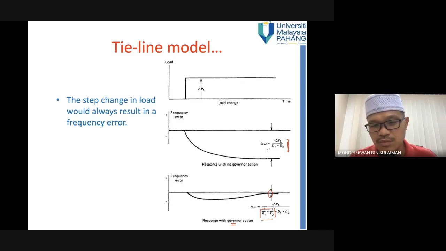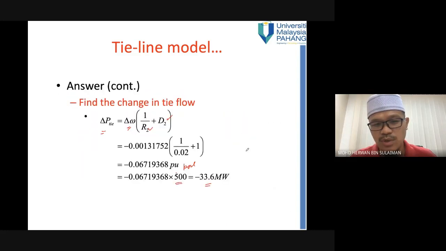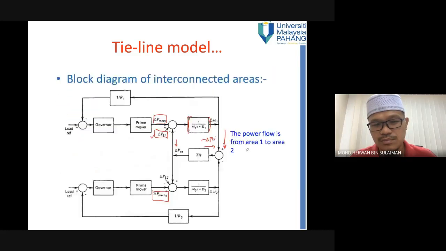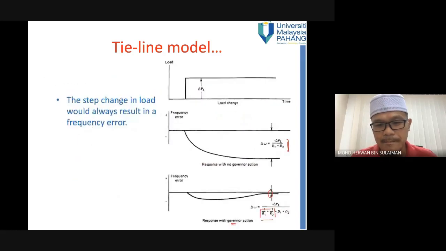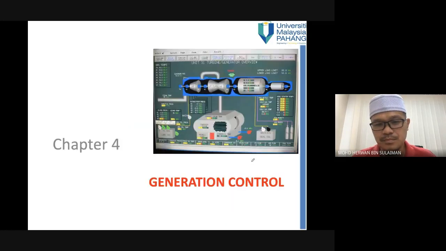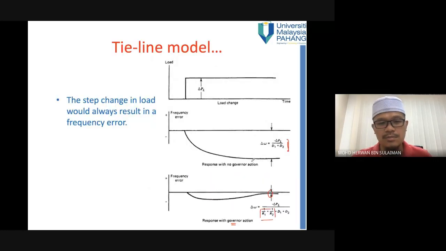If there is no feedback of R1 and R2, the error is quite bigger. So when we have the governor action, you minimize the error.